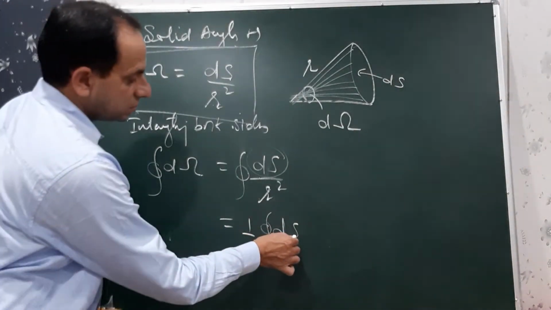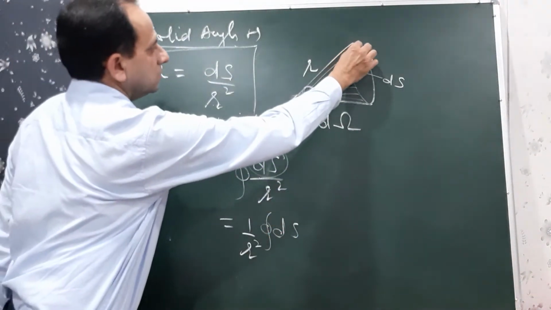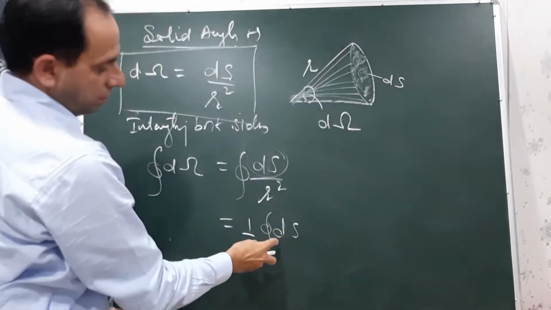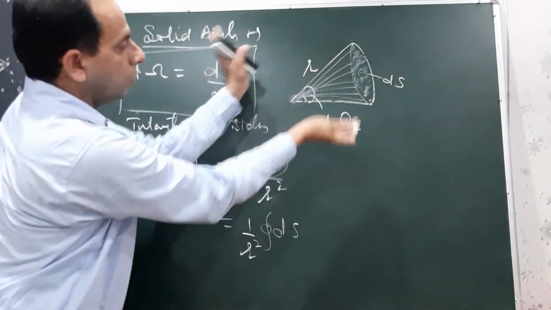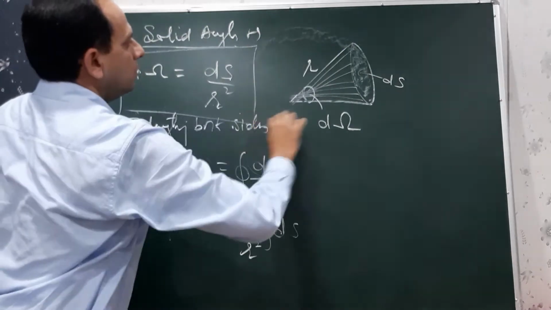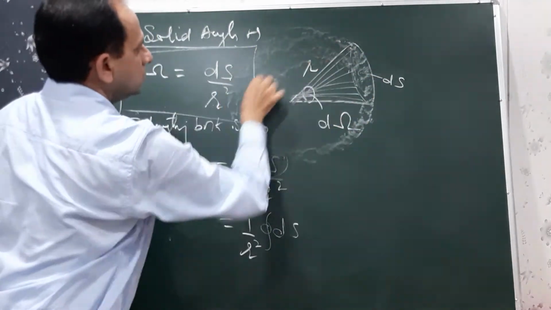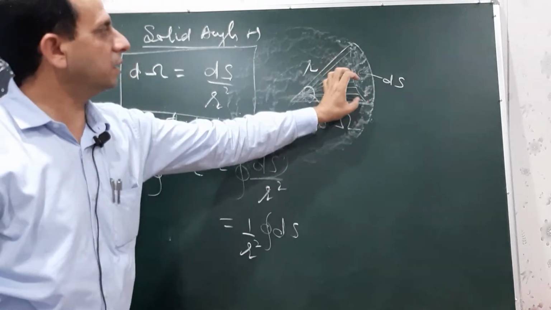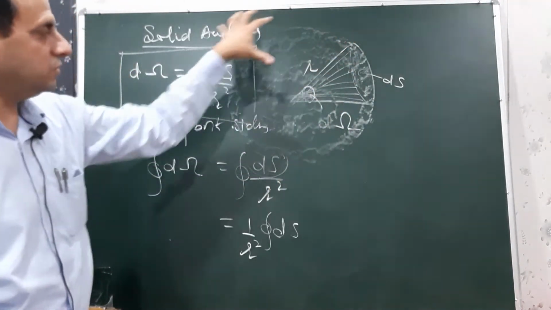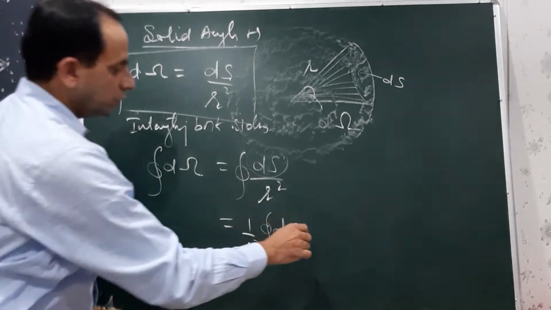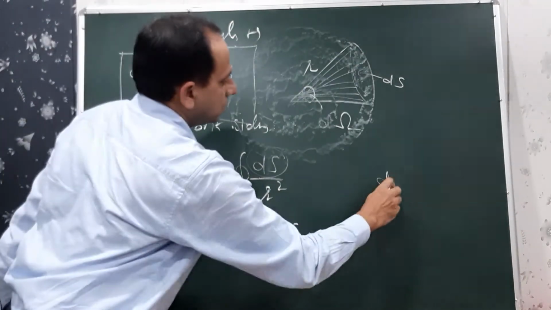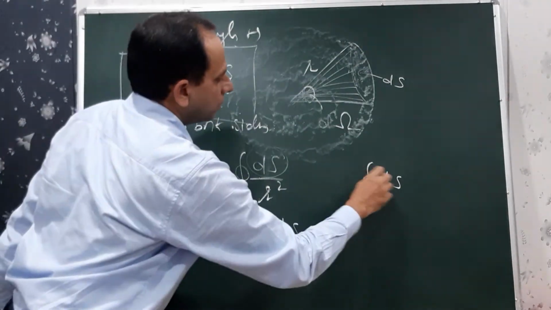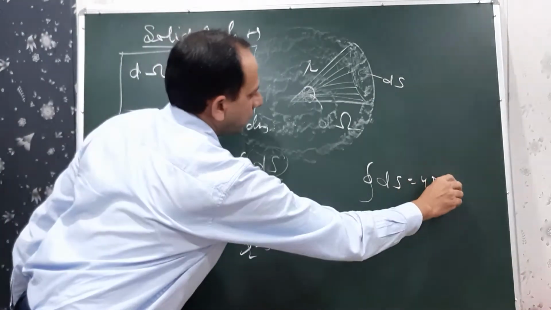Now, if we expand this ds as a whole, then it will become the whole sphere. When ds is diverging, it will cover the whole surface area of a sphere. So, we know that the total surface area of a sphere is 4 pi r square.